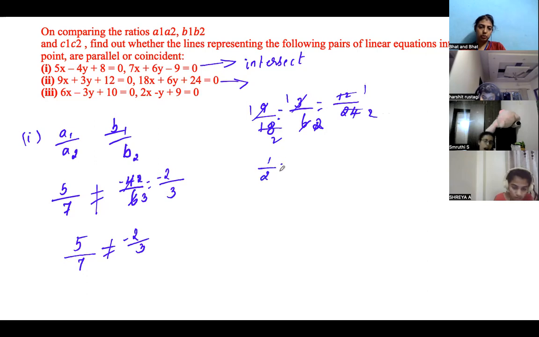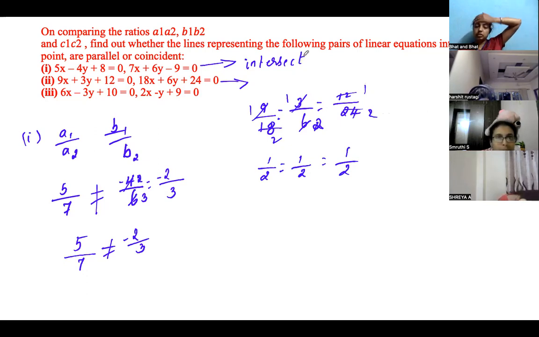That is 1 by 2 equal to 1 by 2 equal to 1 by 2. If all the values are equal, which type of lines are they? They are coincident lines. Correct?